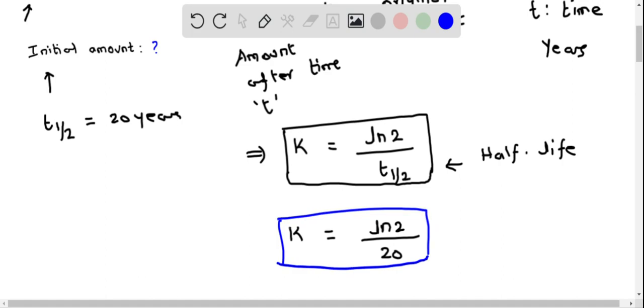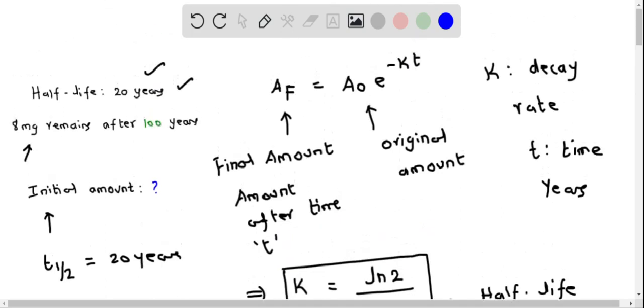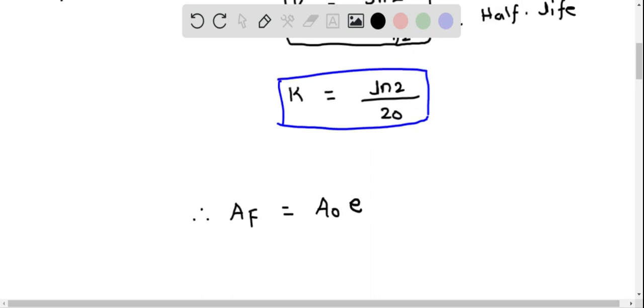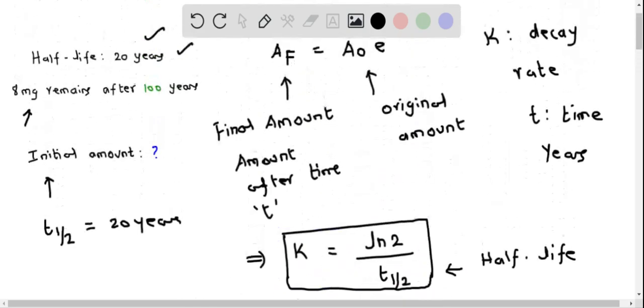Now I'm going to substitute this value of k into the model, which represents the amount after time t. So the model becomes A_F, the final amount, equals A naught e raised to the power of negative k times t, that is, the natural logarithm of 2 over 20 times t. We are going to use this model to find the initial amount.